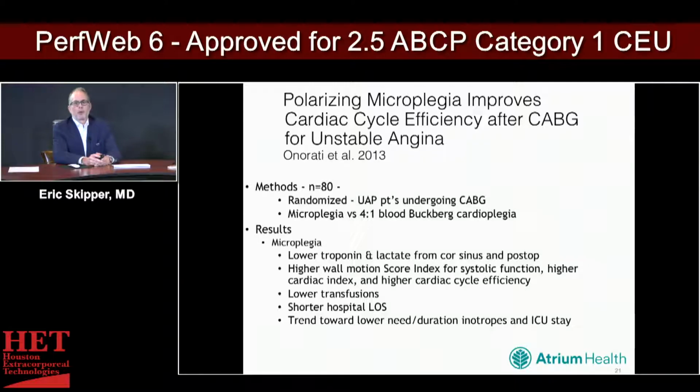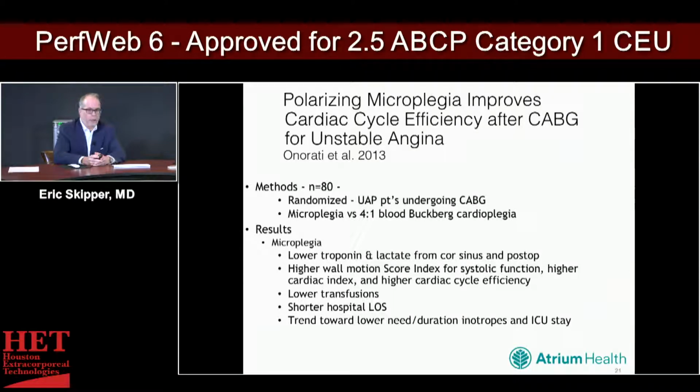This study, looking at polarizing microplegia in patients with unstable angina from 2013, looked at 80 patients. They were randomized between microplegia and 4:1 Buckberg blood cardioplegia. They found that the microplegia had a lower troponin and lower lactate levels from coronary sinus effluent, as well as post-op, a higher wall motion score, higher cardiac index, higher cardiac cycle efficiency, lower transfusions, shorter hospital length of stay, and a trend toward lower need and duration of inotropes during the ICU stay.